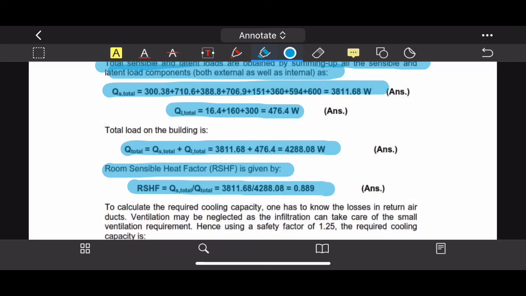From there you find your Q sensible and Q total, and you get your RSHF of 0.889, which you can use on the psychrometric chart to continue with many other calculations.